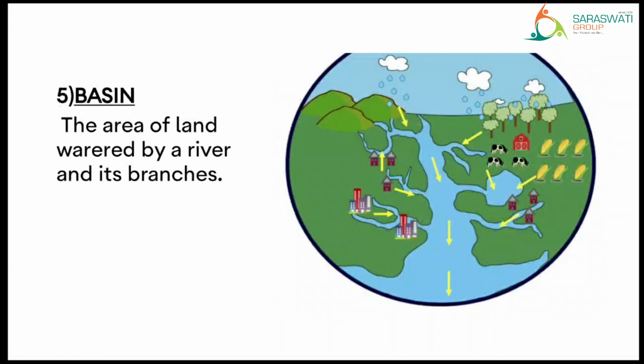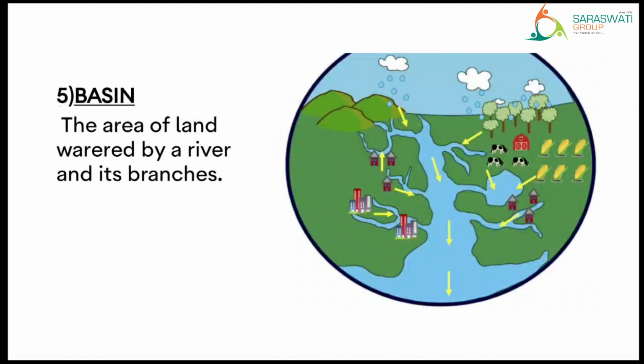Basin means the area of land watered by the river and its branches. In the picture you can see the river is flowing, but in between it is being branched to some of the areas.